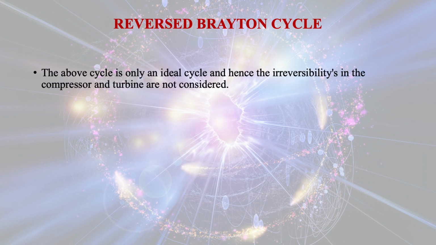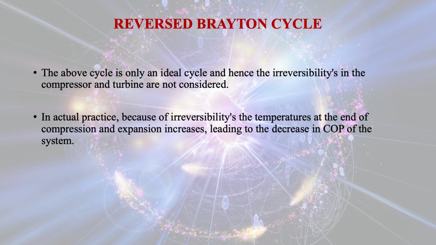The above cycle is only an ideal cycle, and hence the irreversibilities in the compressor and turbine are not considered. In actual practice, because of irreversibilities, the temperatures at the end of compression and expansion increase, leading to a decrease in COP of the system.